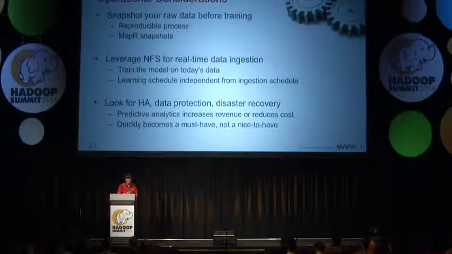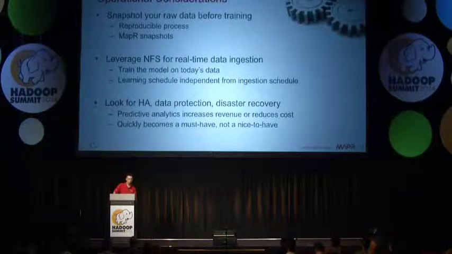Some operational considerations as well. One thing you might want to do is snapshotting your raw data before the training. It yields a reproducible process, and that's one of the features that we offer. Snapshots use redirect on write, so being very fast and efficient and independent of the data size in creating these snapshots.